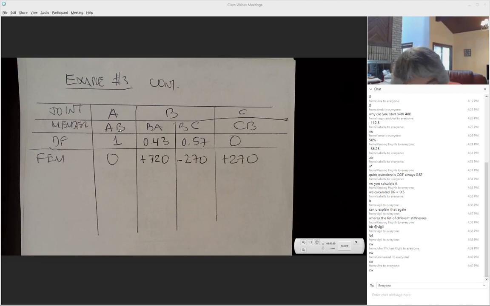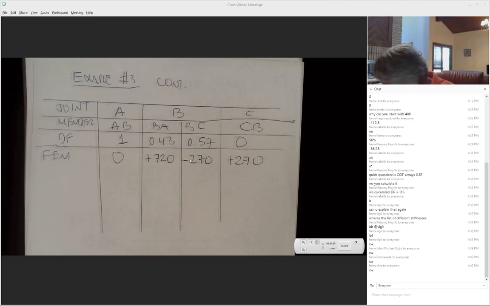AB, the distribution factor is still 1. At B, now it's 0.43 and 0.57, before it was 0.5 and 0.5. This is still 0. These moments are still the same, but this is 720. Just to give you something to think about. Look at the 720.